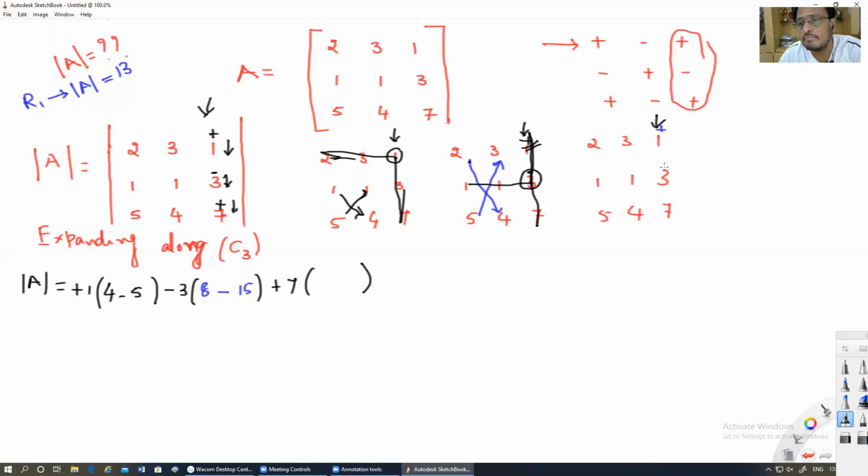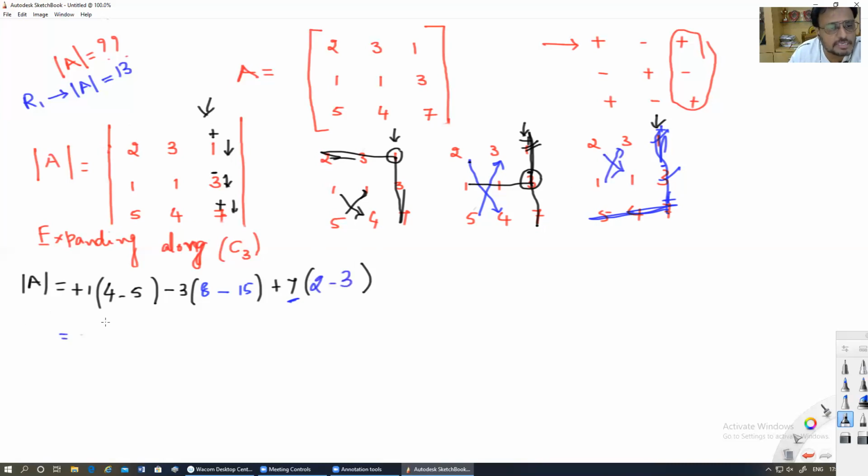This is plus, minus, plus. This is over already, plus 1 we have taken, minus 3. Now plus 7, no, we have taken plus 7 here. So plus 7 horizontal cancelled and plus 7 vertical cancelled. Therefore remaining 2, yes, third one, 2 minus 3.